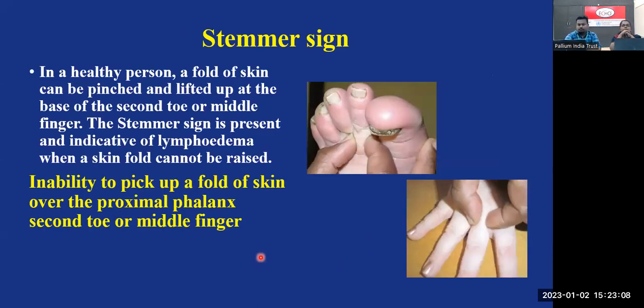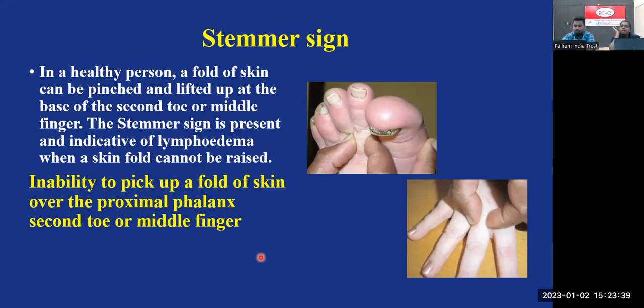And Stemmer's sign. This is one major sign which you see in lymphedema patients. Usually you are able to pinch up or lift the skin at the base of the second toe, or lift the skin on the middle finger. But in a lymphedema patient, you can't lift up that point.